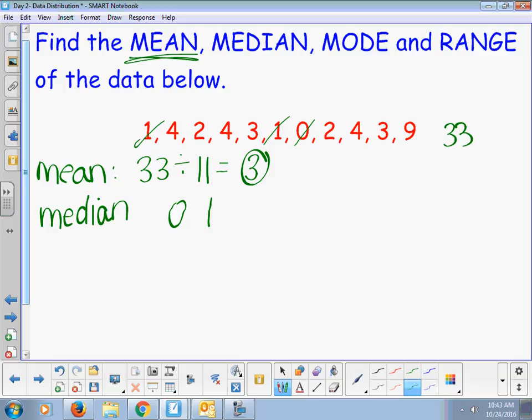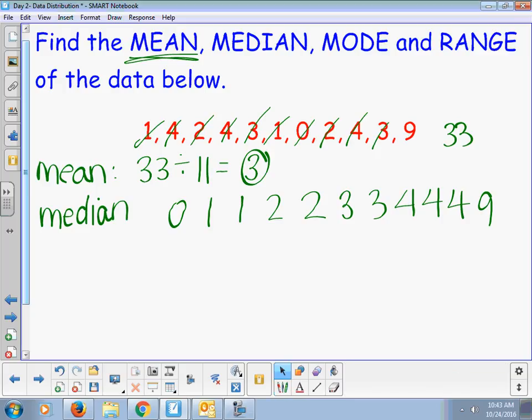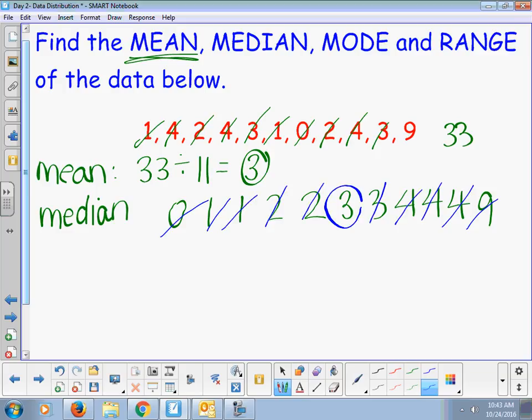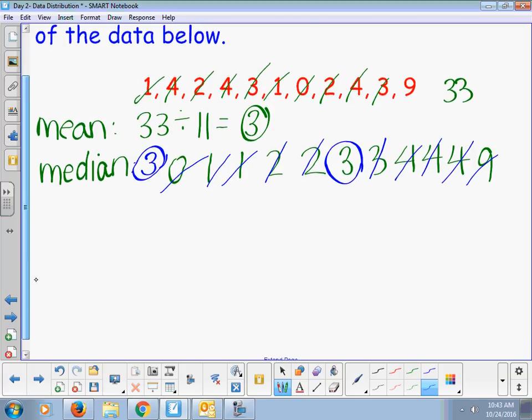I have 0, I have 2 1s, 2 2s, 2 3s, 3 4s, and a 9. To find your median, you cancel 1 from each side until you come up with your middle number. And in this example, our median, or our middle number, is 3.